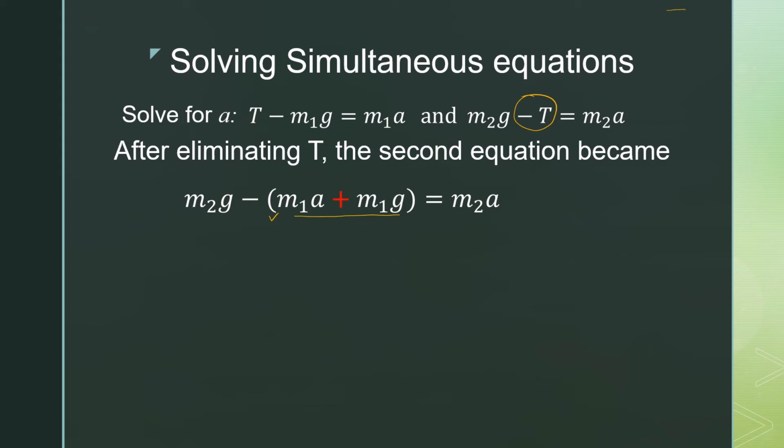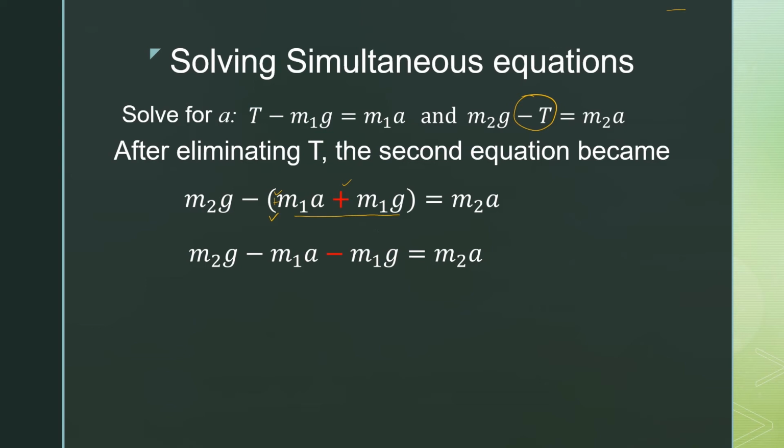It changes the negative term to the positive term and vice versa. For example, here there is a positive sign, so it becomes negative, and this positive sign also becomes negative. So the equation looks like this. Both of these are negative.